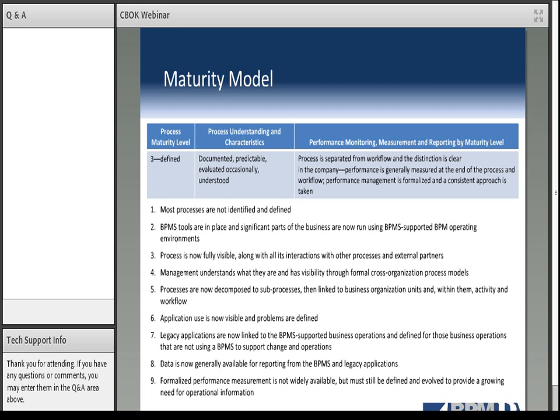So now processes at this level are becoming much more visible across the organization. Management understands the cross-functional view of processes and sees the value of knowing what they are, and their ability to make decisions that affect the overall process and the experience, be it internal or external consumers.